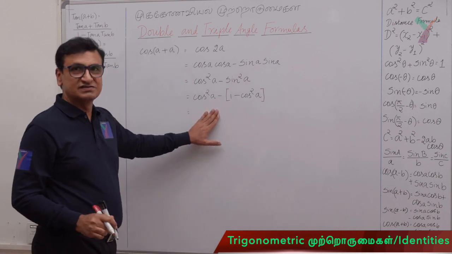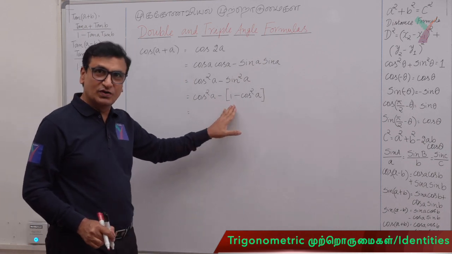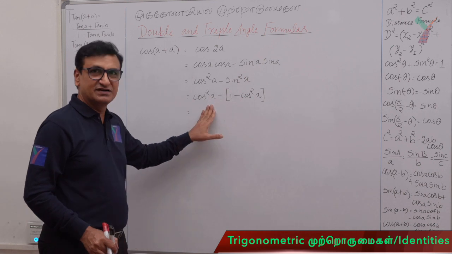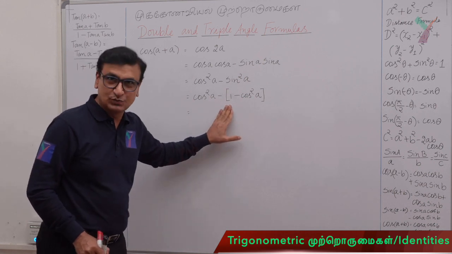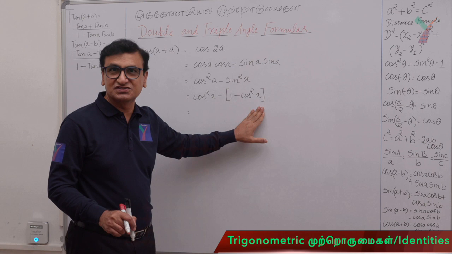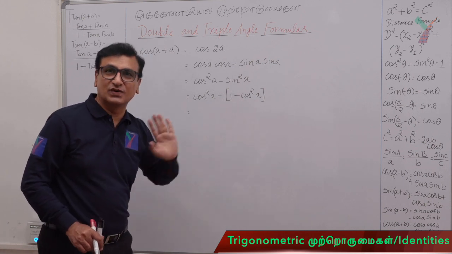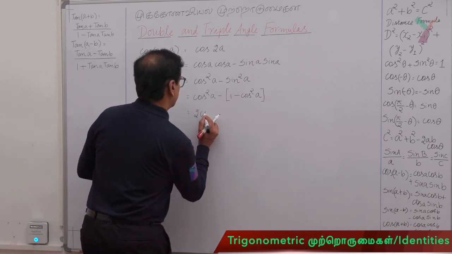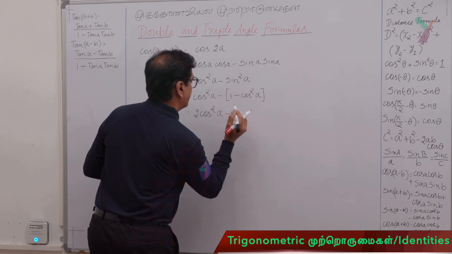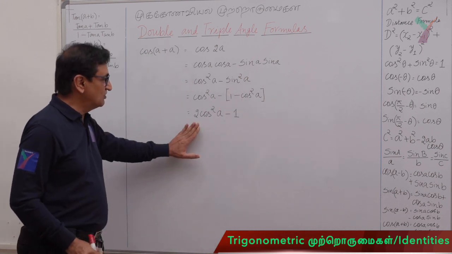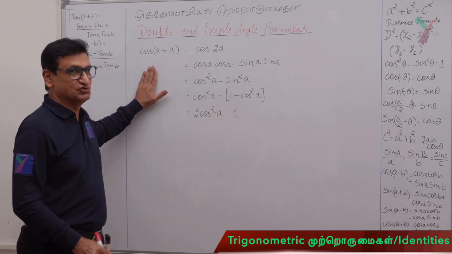So this is cos square A minus 1 minus cos square A, which is nothing but cos square A minus 1 plus cos square A, which is 2 cos square A minus 1. Okay, so we get 2 cos square A minus 1 as cos 2A.